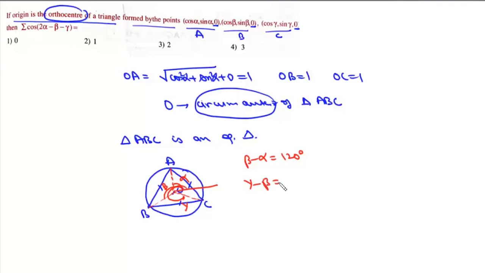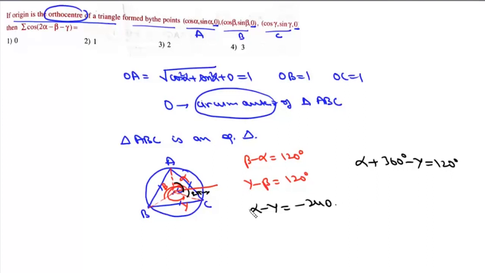Now beta minus alpha is 120 degrees. Gamma minus beta is also 120 degrees. And this angle is alpha, and this is 2 pi minus gamma. So alpha plus 360 minus gamma is also 120 degrees. So from here we'll get alpha minus gamma as minus 240.